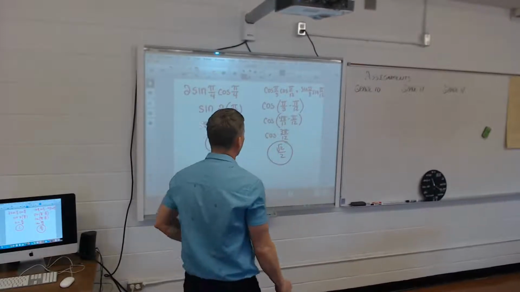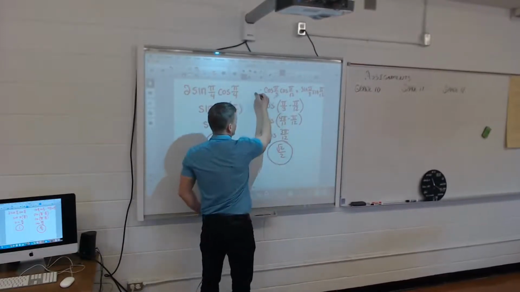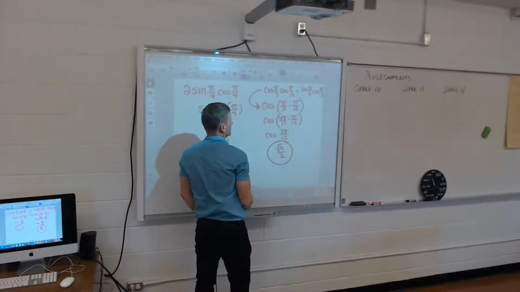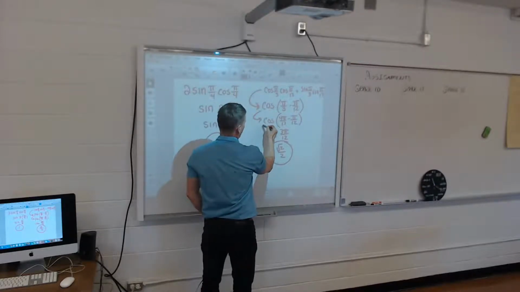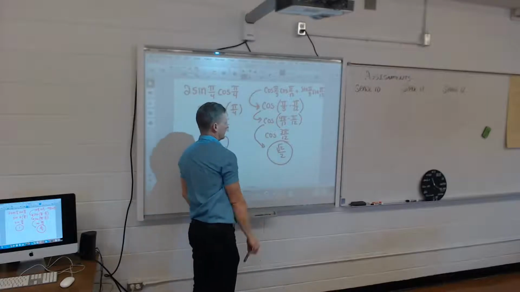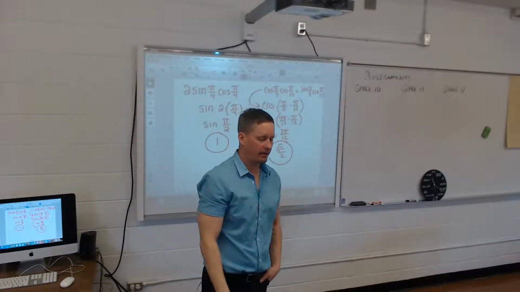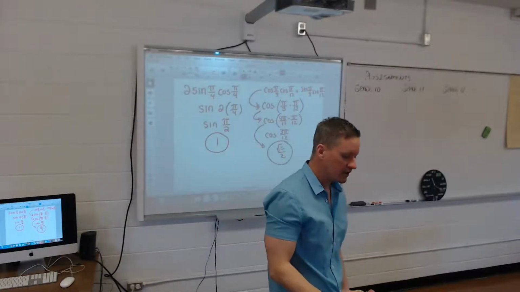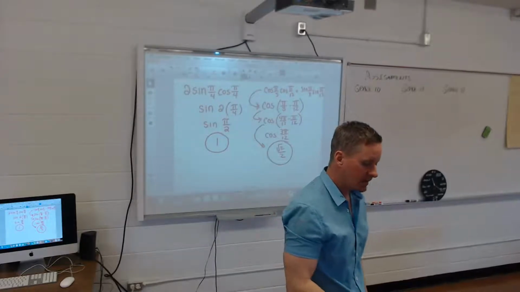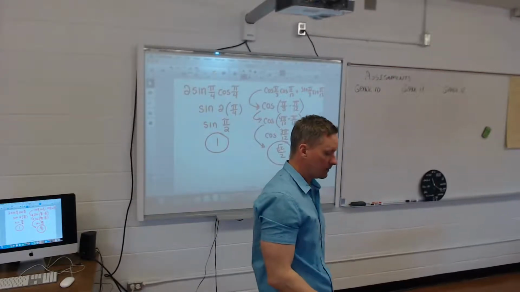So I'm using an identity to change the form to make it simpler so I can go to an exact value. That's the whole intention of an identity, is just to make the question easier for you.